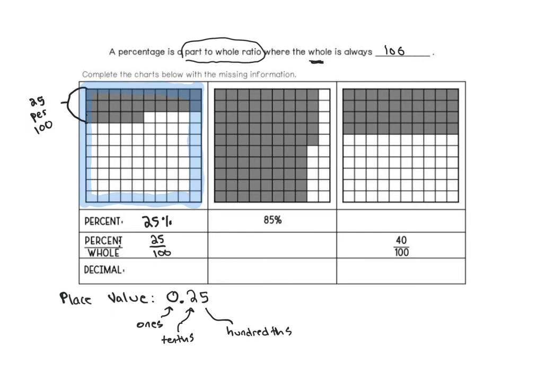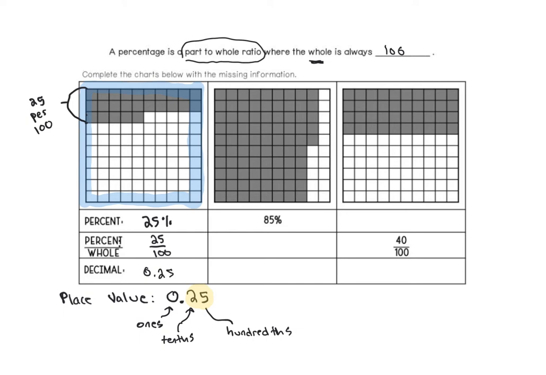Whatever is in that hundredths place is how many out of 100 you have. If we have 25 things right here, that is 25 things out of 100. If you're used to talking about money, this would be 25 cents or 25 parts out of 100. So our decimal here is 0.25.